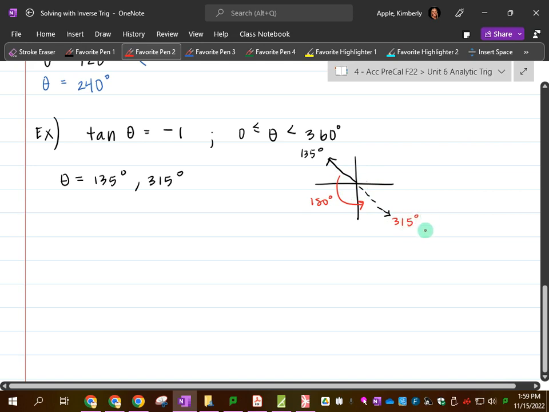Get your little hidden one there. Okay? That's the cool thing about tangent. You can just add or subtract 180 and you'll get whichever one you're missing. You just got to make sure you don't move outside of the range.